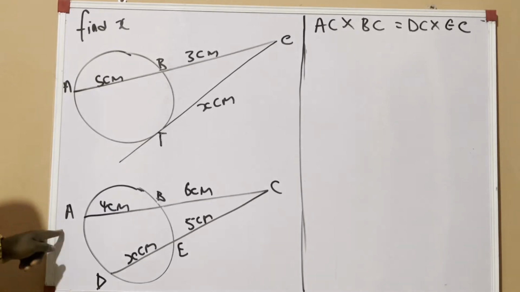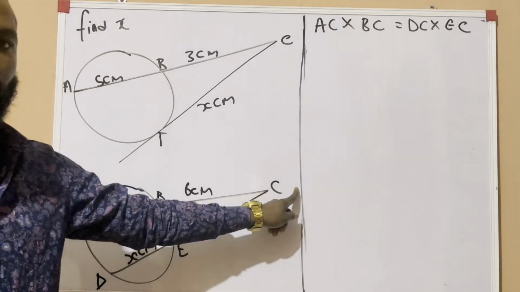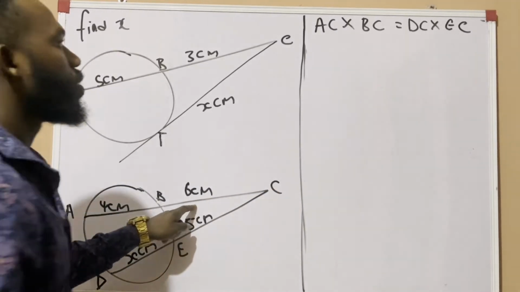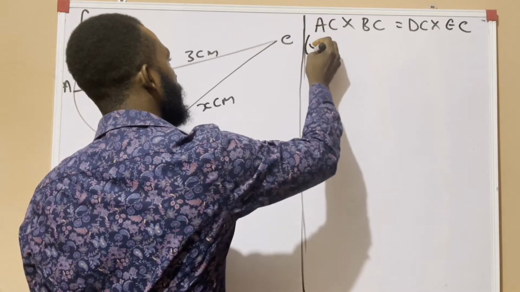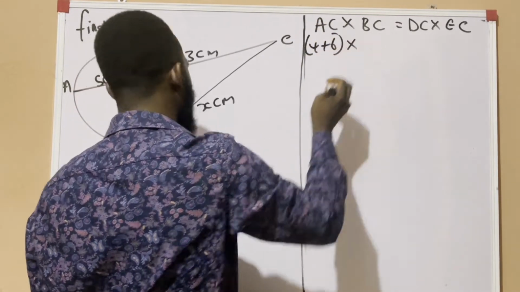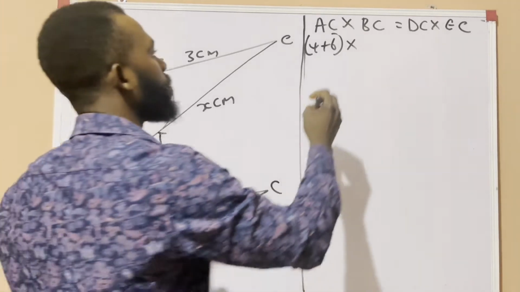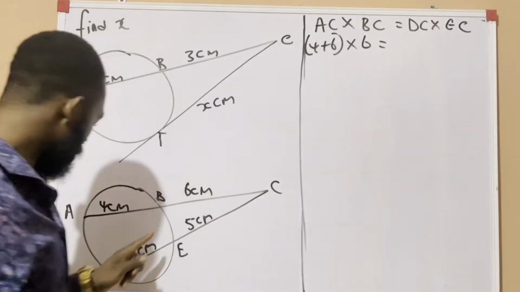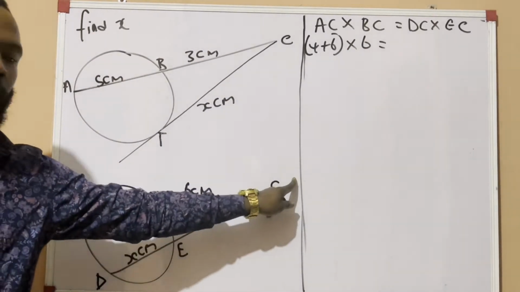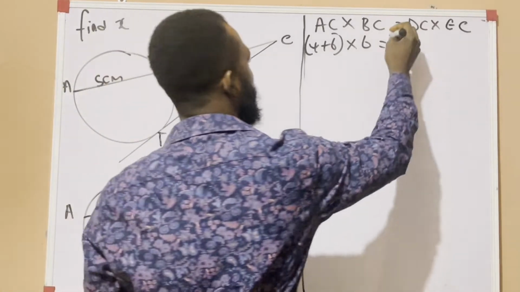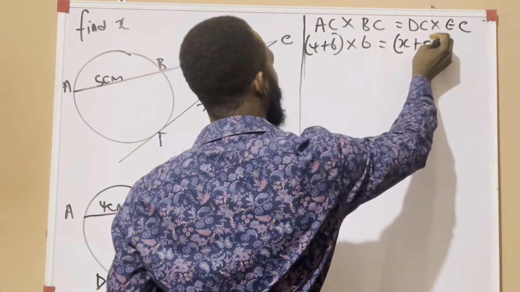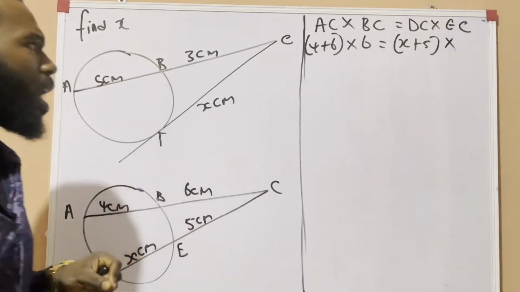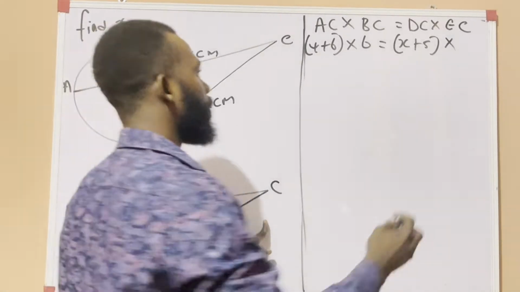So let's go. When you say AC, it means from here down to here, so it means 4 plus 6. So here it becomes 4 plus 6 times BC, which gives us 6, equal to DC, which means from here to here, which is x plus 5, times EC, which gives us 5.